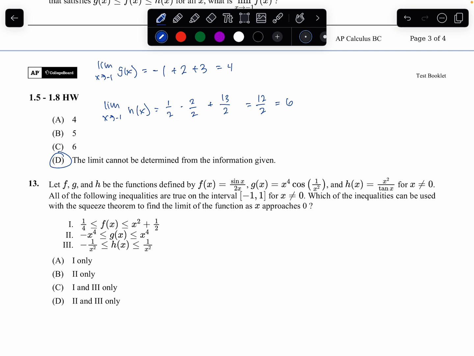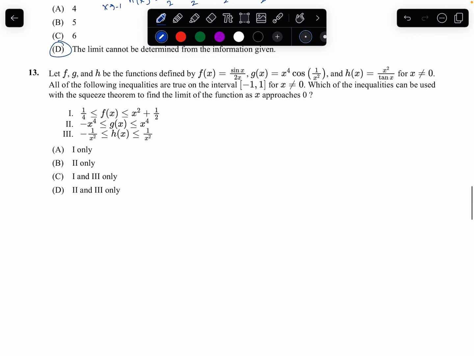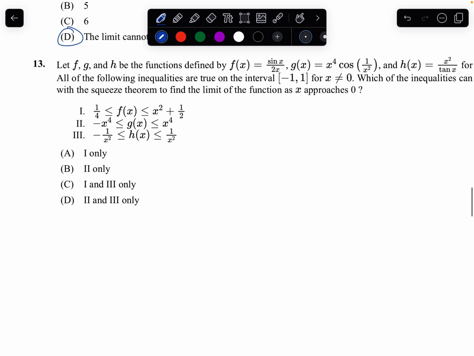Which of the inequalities can be used with the squeeze theorem to find the limit? Essentially what you're trying to do here is see if you can use the squeeze theorem. So what you want to do is evaluate the limit for all of these right here and basically see if this side will be equivalent to that side. So therefore, the limit of these middle functions has to be the same as these ones right here.